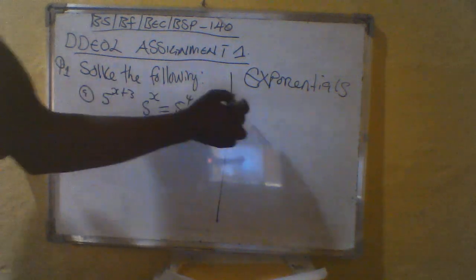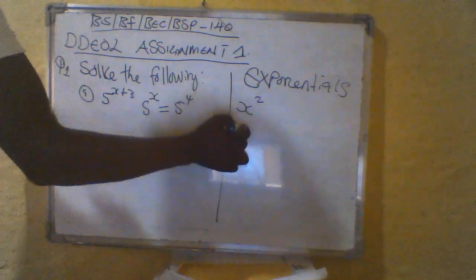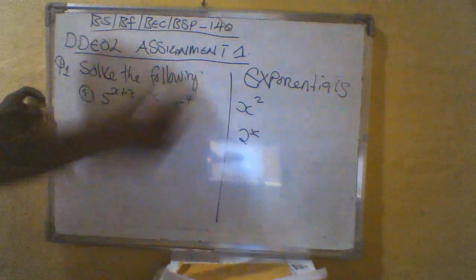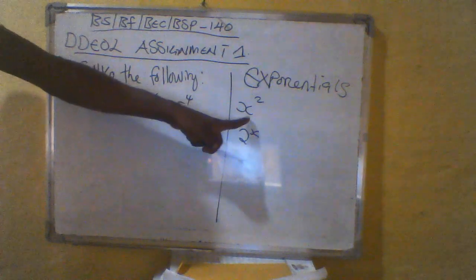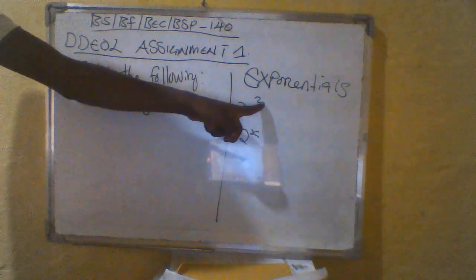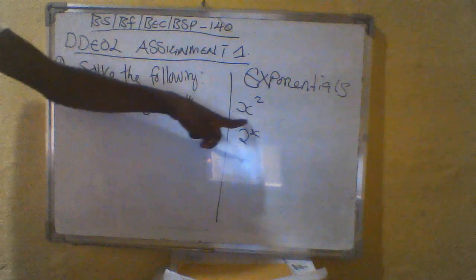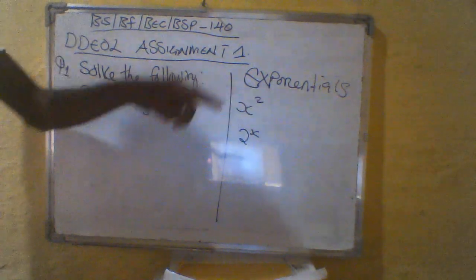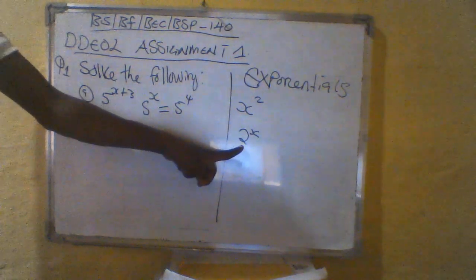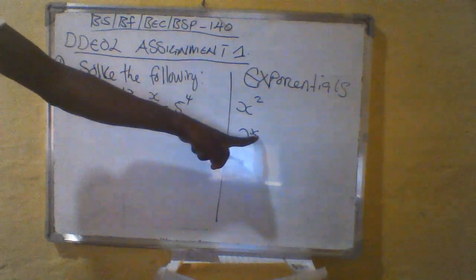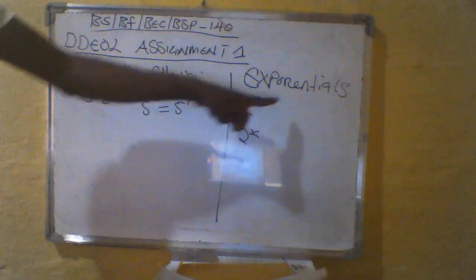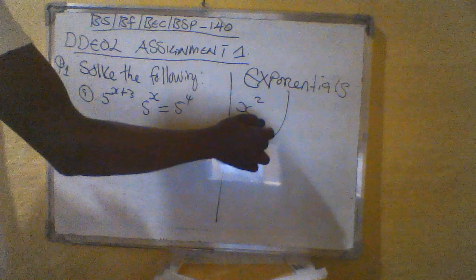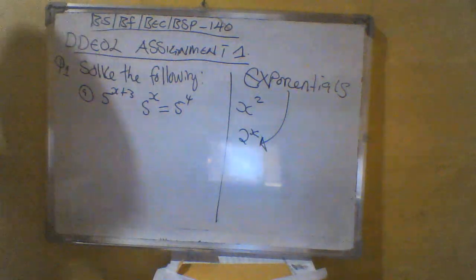There's a difference between x squared and 2 power x. Anything where x is the base and the constant is the power is a polynomial equation, which can fall under linear, quadratic, cubic equations, and so forth. But when I have a base which is a number and the power is a variable, we call this an exponential equation. Exponentials come about when I have a variable which is a power.